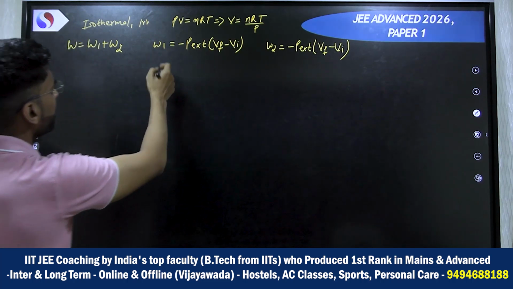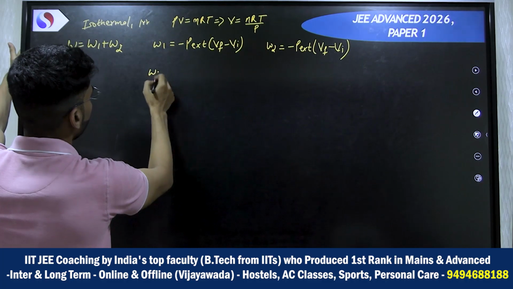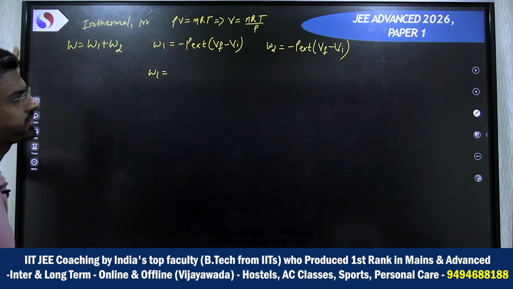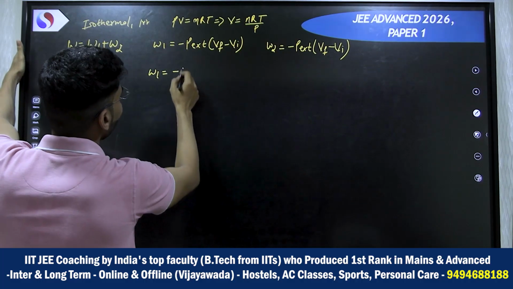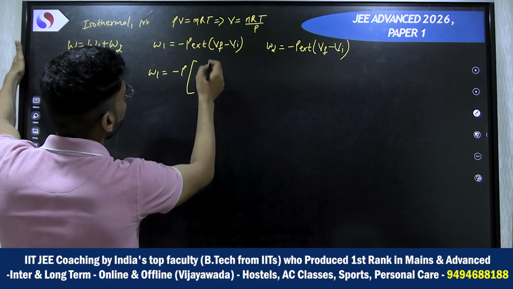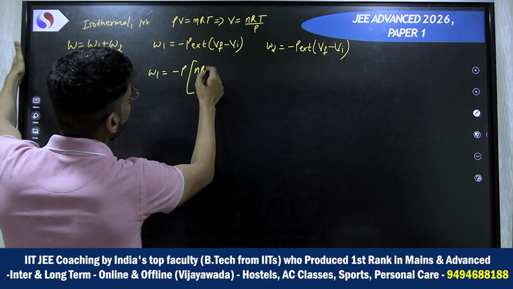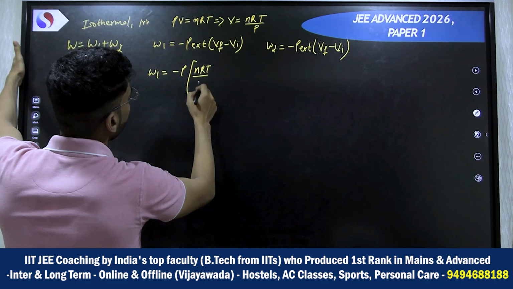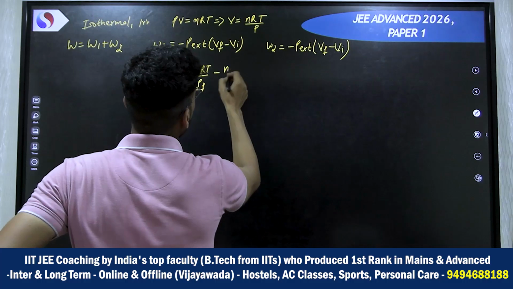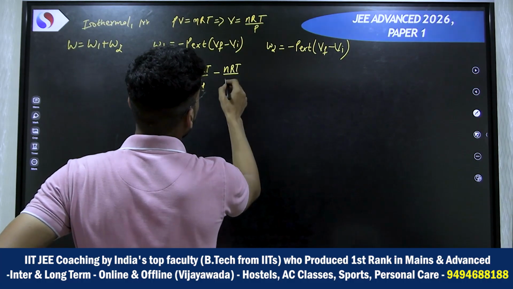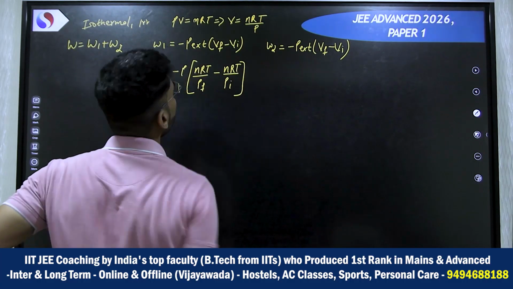So work done at step number 1. External pressure is what? If you remember, it is P only. So volume will be equal to nRT divided by P final. If it is V final, then it will be V final minus nRT divided by P initial.